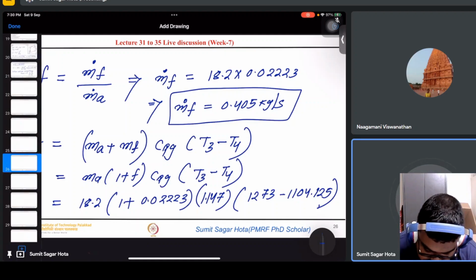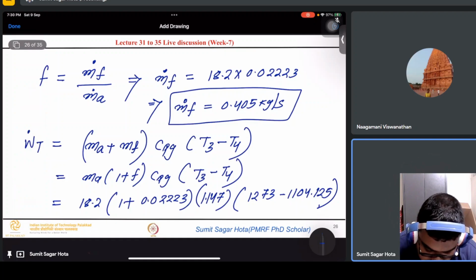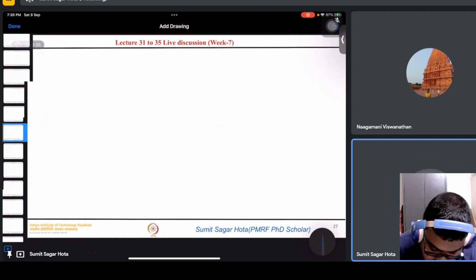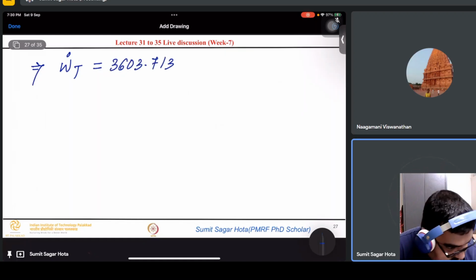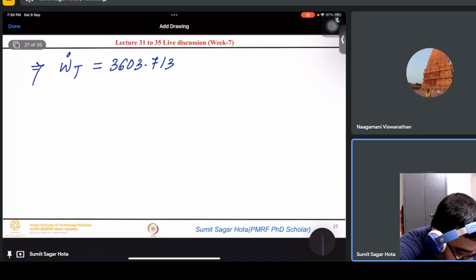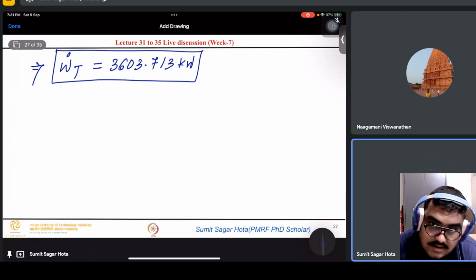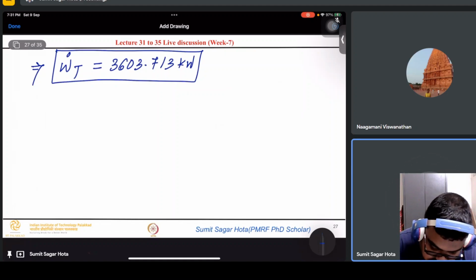You substitute, and you find the turbine work as 3603.713 kilojoule per second, kilowatt. So now you know the turbine work. This is your second bit.